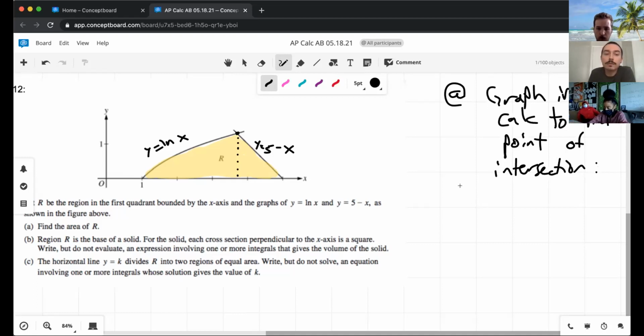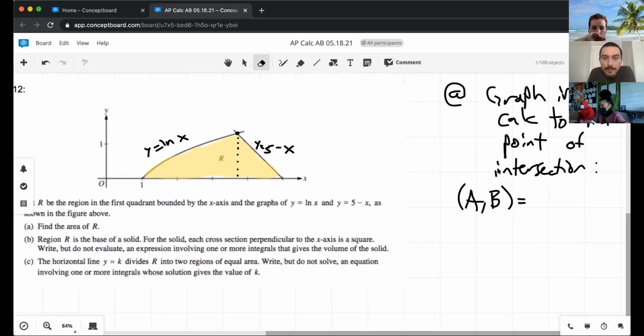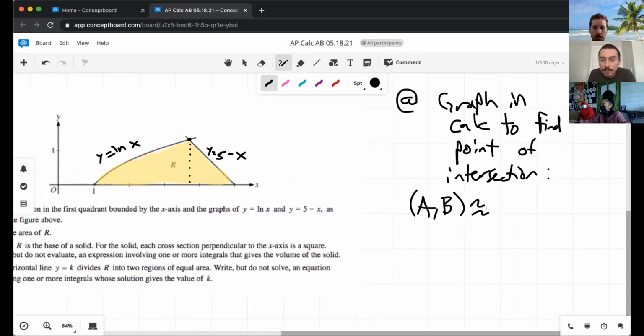Let's say the point of intersection, we'll call it (A, B), is about 3.693, 1.307.